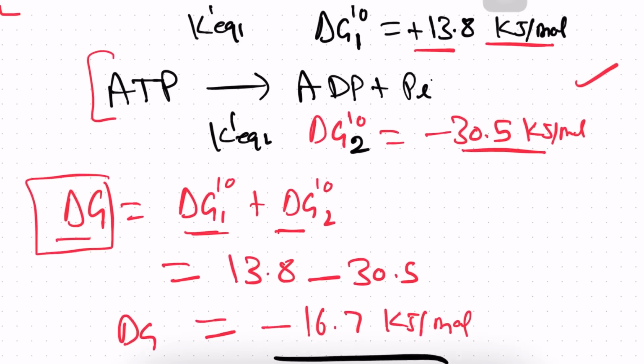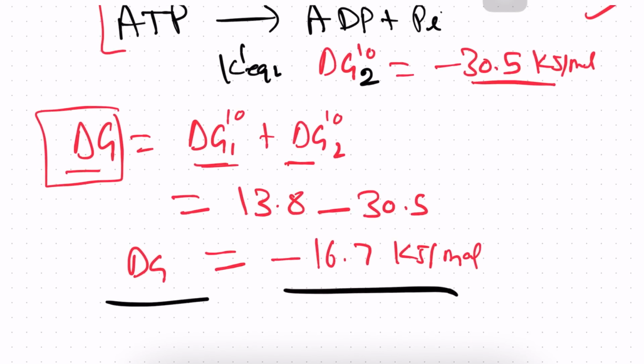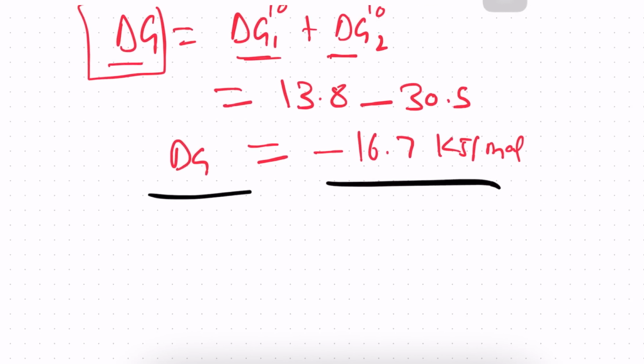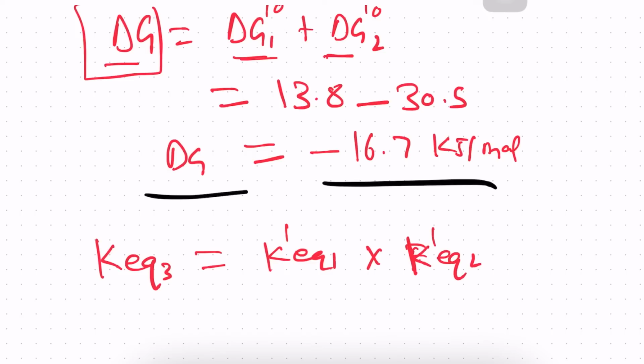But if you want to calculate the K equilibrium for the overall reaction, let's represent the net as K equilibrium 3. It will be K prime equilibrium 1 multiplied by K prime equilibrium 2.